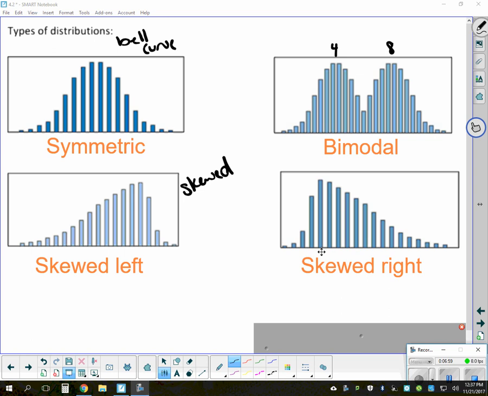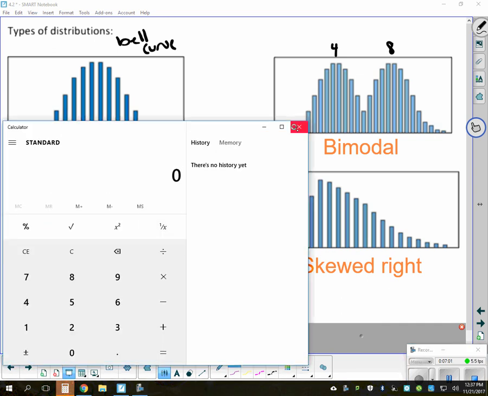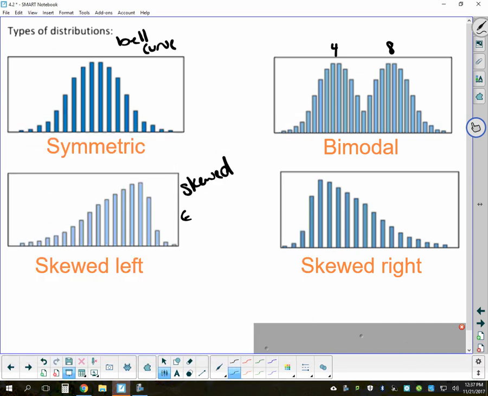An example of skewed left data could be GPA. Okay, you've got a lot of people with maybe 3.2s, 3.3s, a couple people with these high 4.0s, and then you go down from there. So maybe some 3-point or some high 2-point things, and then just a couple with the very low GPA.